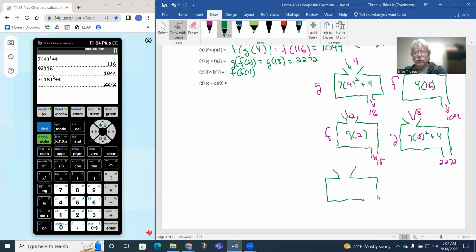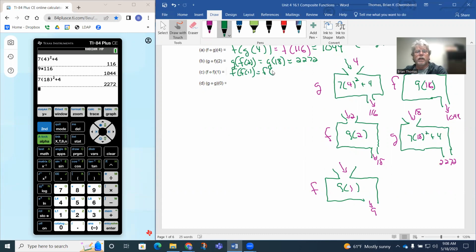So we have our f function this time, which means you're going to multiply 9 times whatever goes in. The input value is a 1. So 9 times 1 is going to kick out a 9. So f of 1 becomes 9.